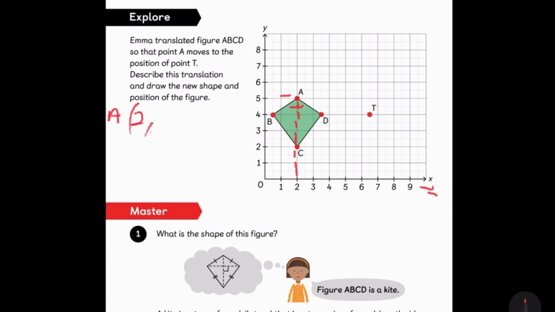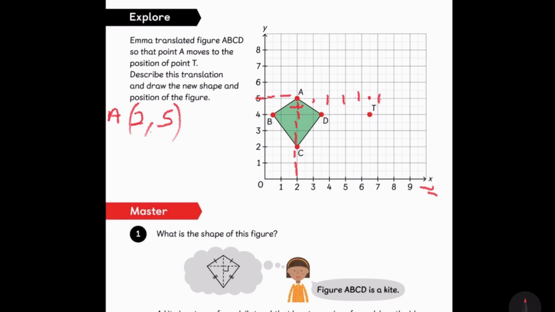So I have 1, 2, 3, 4, and this is my 5. But if you see, it's between this 4 and 5, so which is in the half. So what was the translation? First we see is 4.5, which is what T has moved. Now, on the y-axis is what we noticed, 4.5.